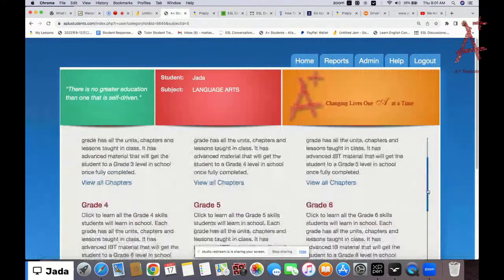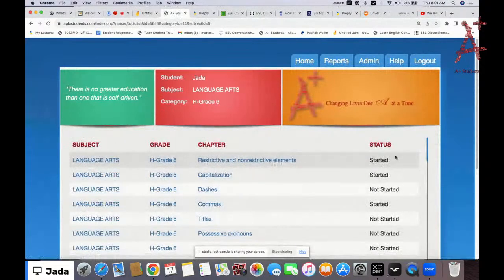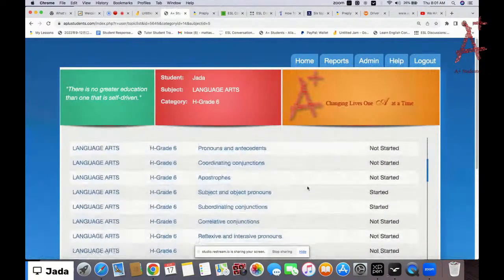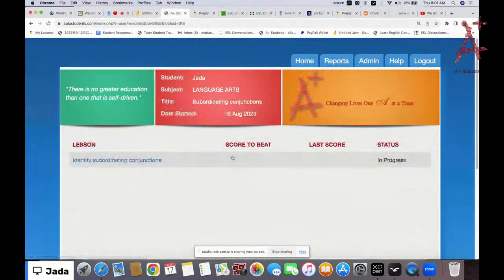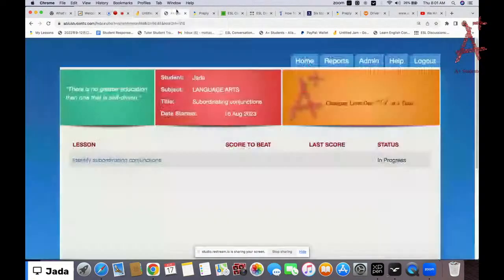You go down to where the chapter is, click on the chapter, and our chapter is subordinating conjunctions. We have only one lesson under subordinating conjunctions, and we will go through it today.